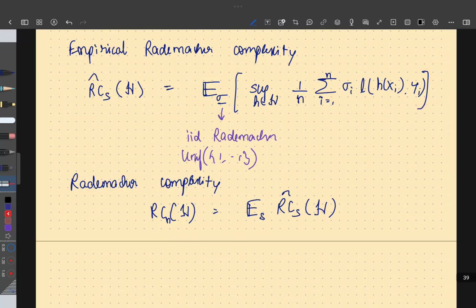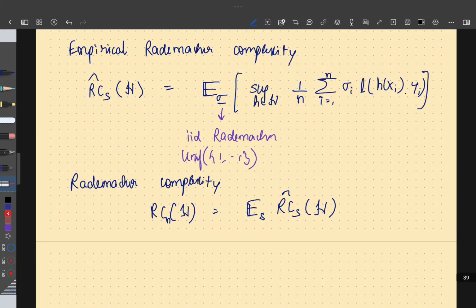Now, on the other hand, if you could not generate too many functions, suppose there is only one function in your function class. It's a trivial and useless example, but still it gives some intuition. Let's suppose that L of H of x_i comma y_i is almost the same for all the x_i's and y_i's. Then the supremum would essentially be more or less a constant.